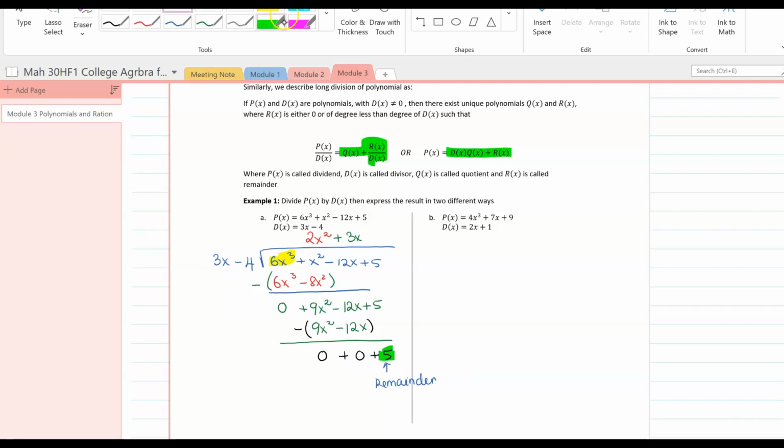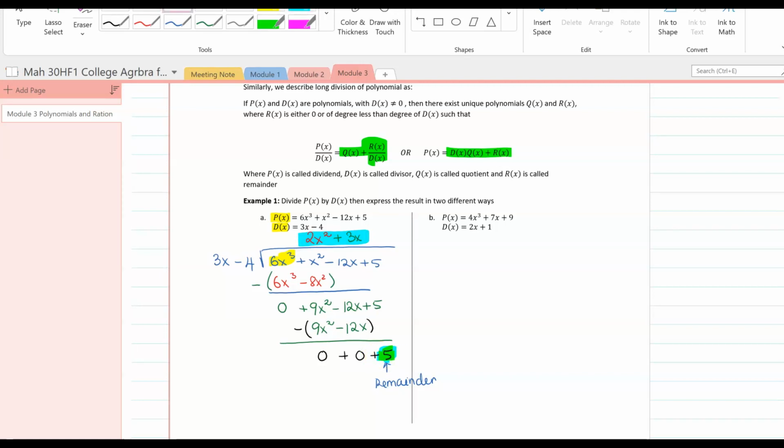So let's identify our p, q, r, and d. We have p, we have d, q of x is this, and r is the remainder.